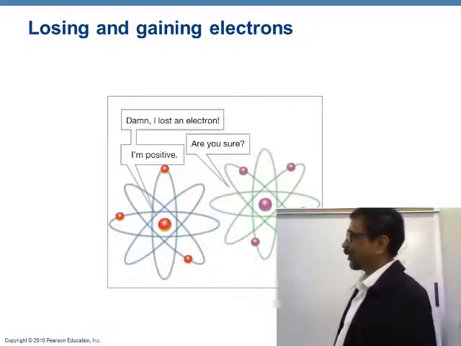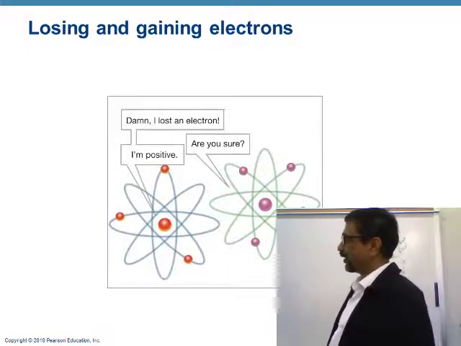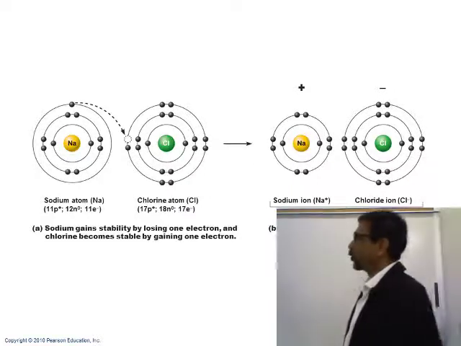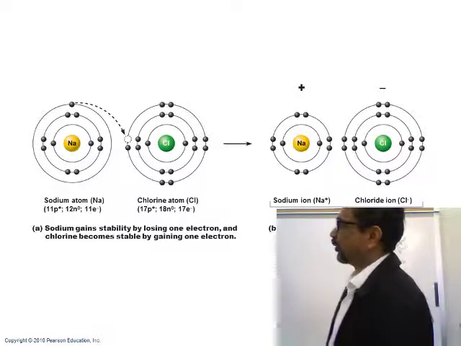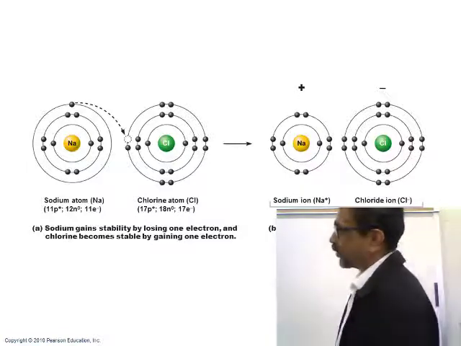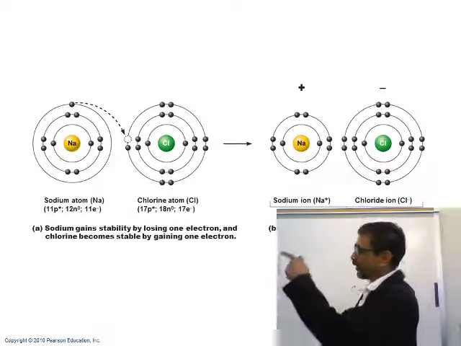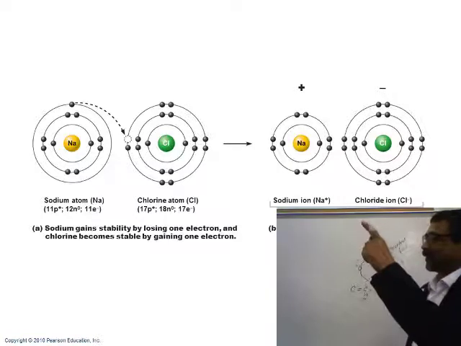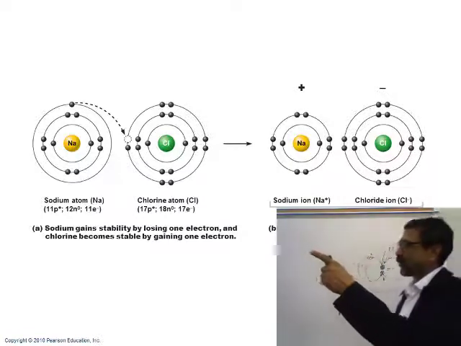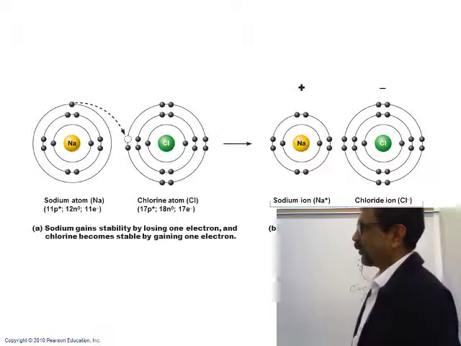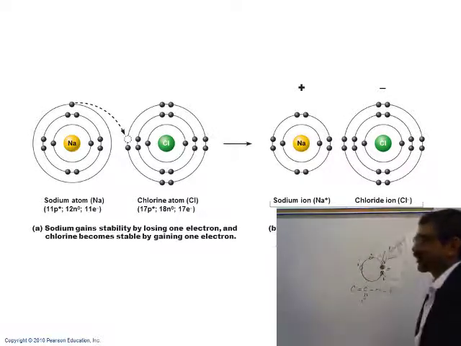Here they have shown the process of ionization, exactly what I have explained to you. You see, sodium and chlorine, when they come close to each other, the valence shell, that means the outermost shell of chlorine, has an empty spot shown by the dotted circle, and from the valence shell of sodium, one electron will jump to that empty spot.